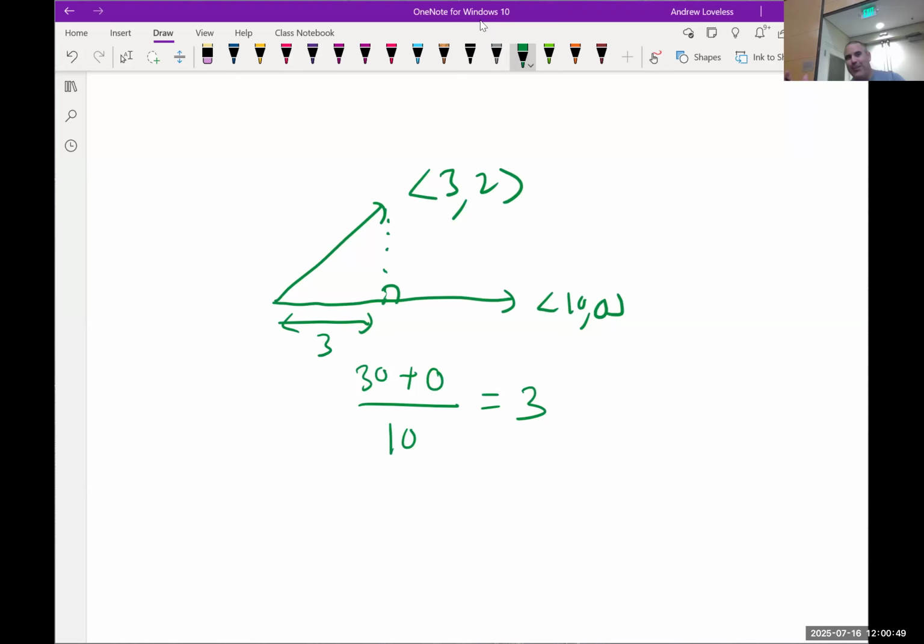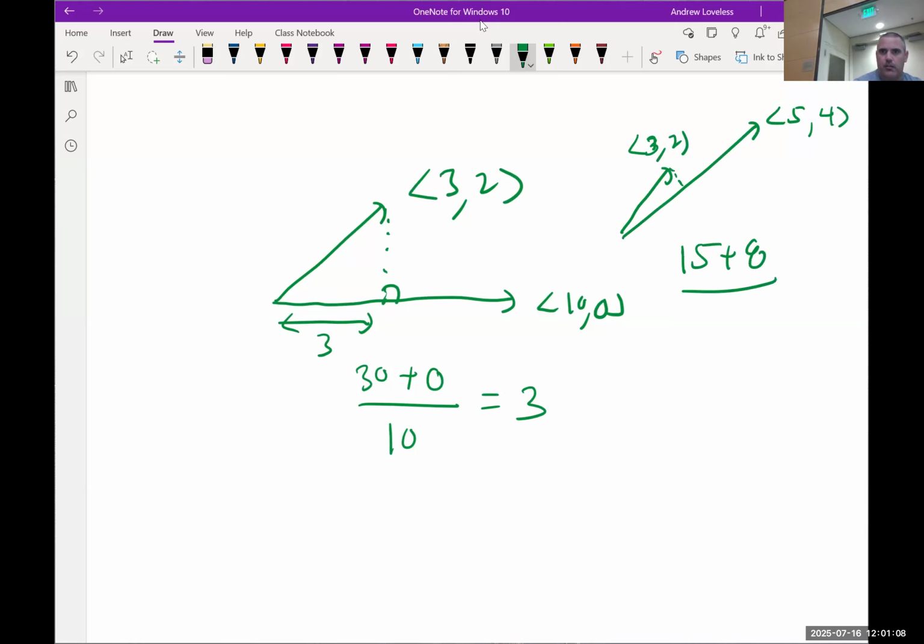Do you believe that it's 3? It's more interesting when the second vector is not parallel to the ground. So let's make the second vector like 5, 4. And what's cool is even with that, it's really fast. You do 15 plus 8, divided by what you're going to project onto. Let's project onto this, the square root of 25 plus 16.